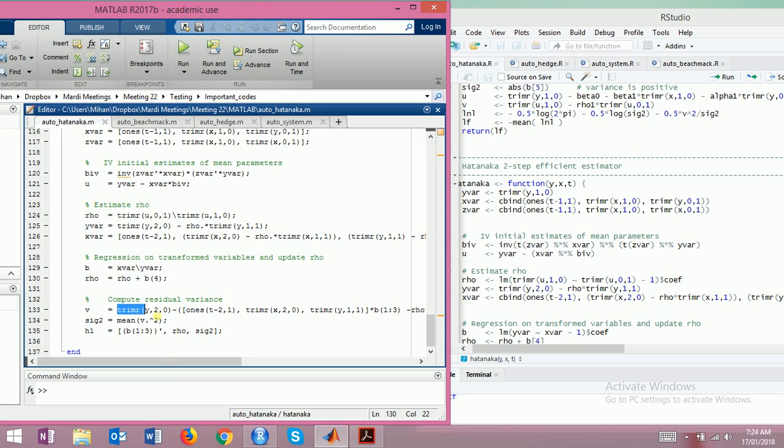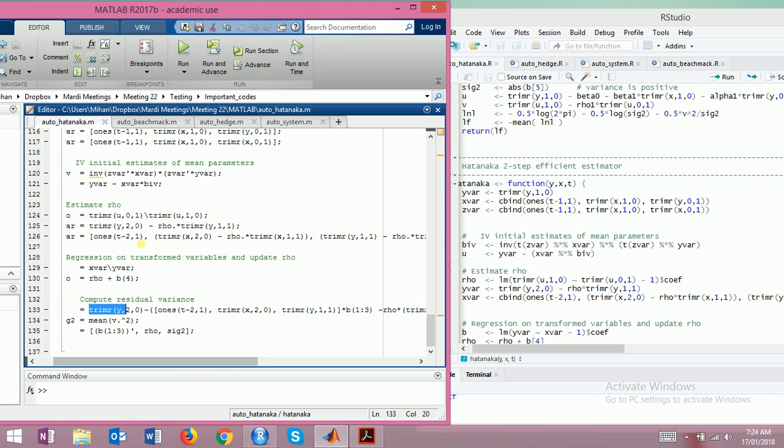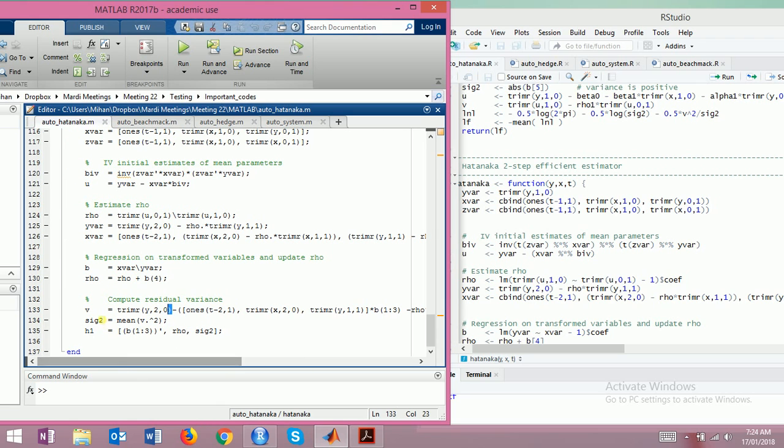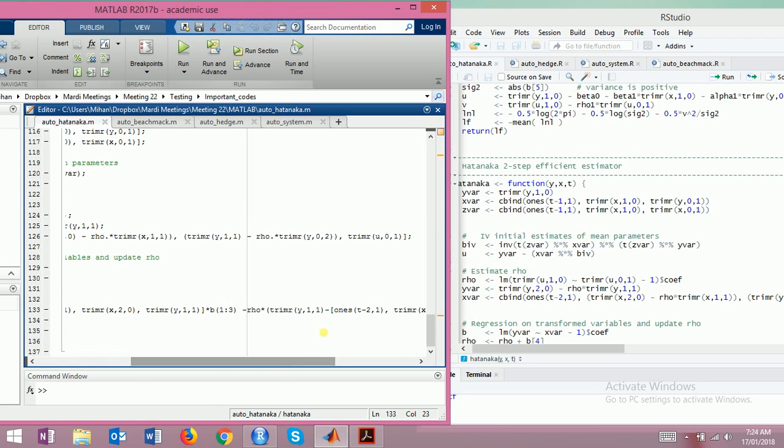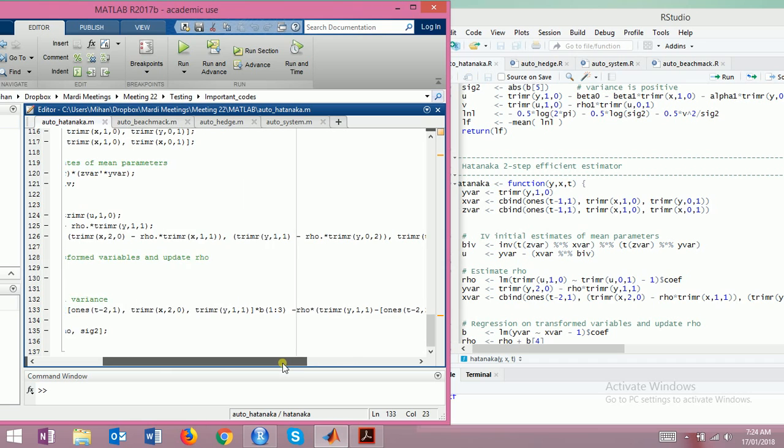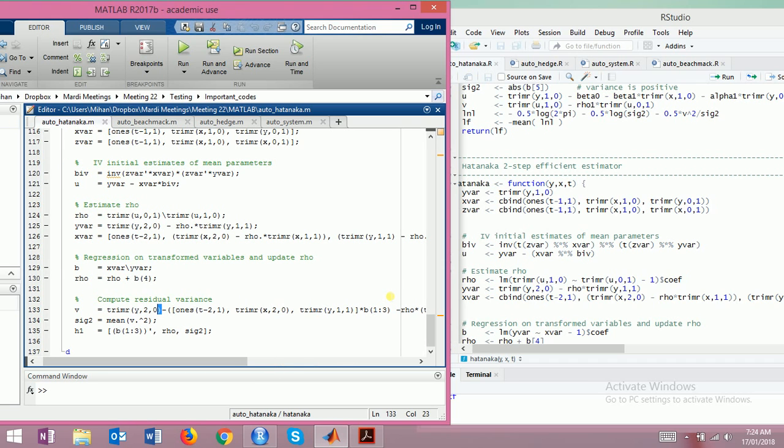V is trimmer y20, this equation, once t minus 2 y20 minus once t minus 2. So basically v, here we had v, right? We are taking everything on the left hand side.